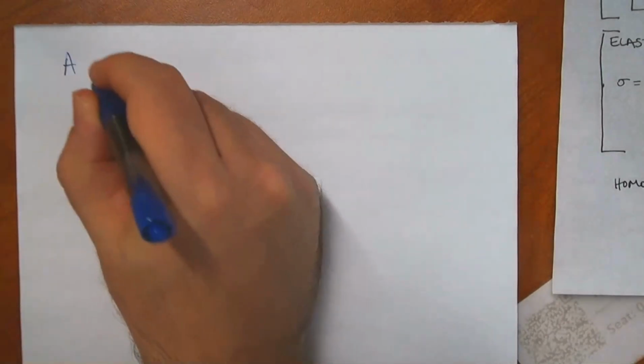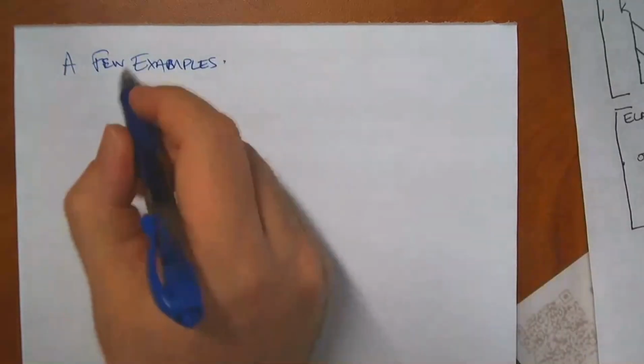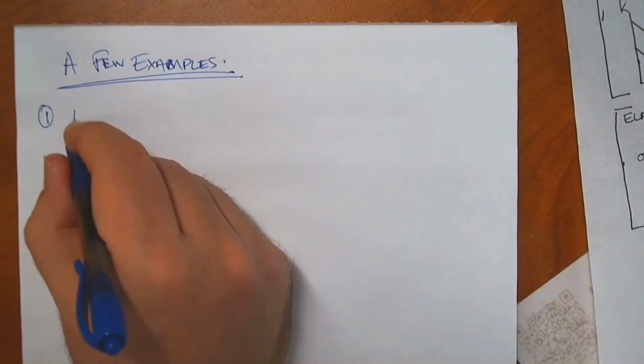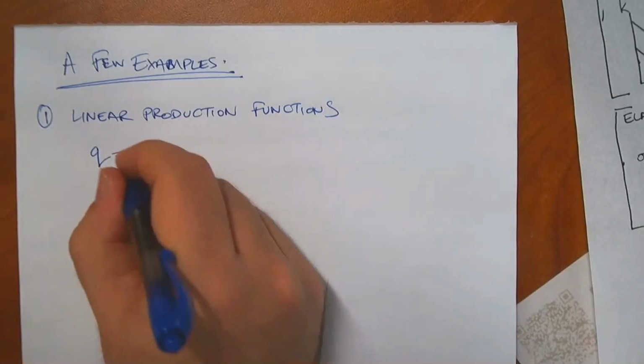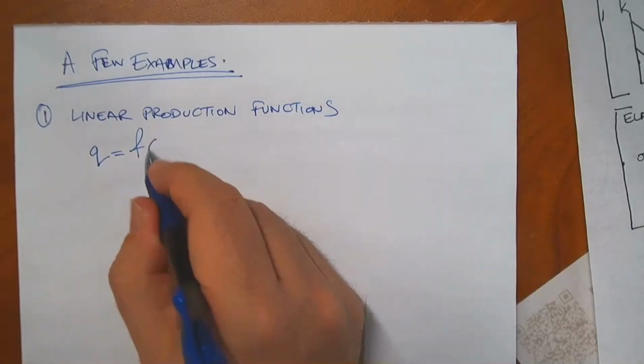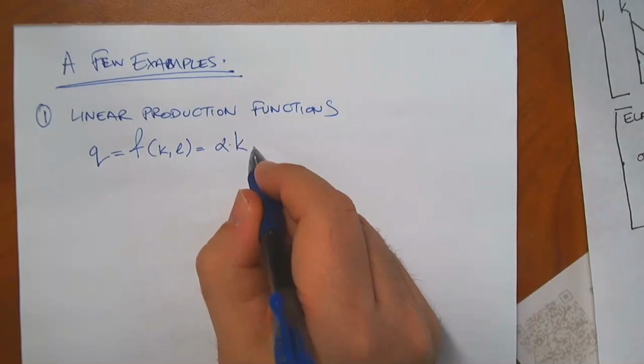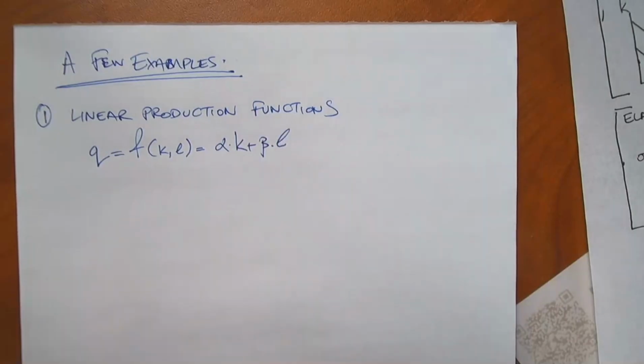Okay. So I'm going to say here a few examples. First of all, example 1, linear production functions. The form Q is equal to F of K, comma L, equals generally alpha times K plus beta times L. So you can do three things automatically for any production function, right?